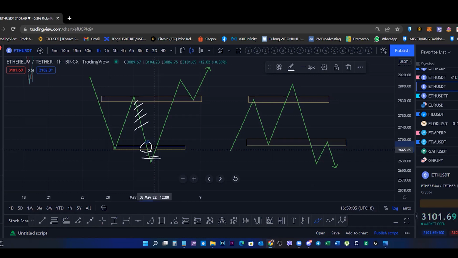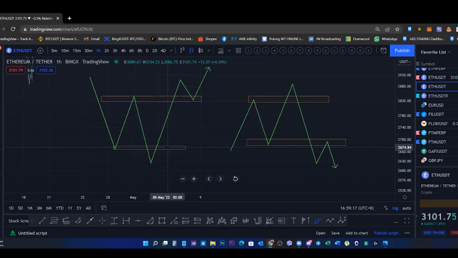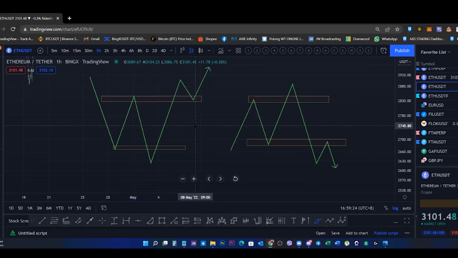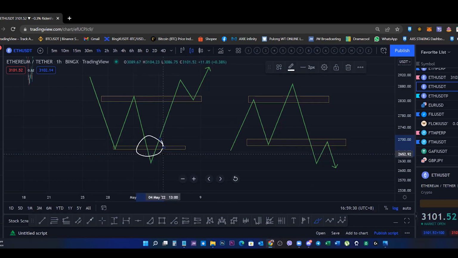So never go into a sell position if there is no retest yet. So it can make the price action go back on the channel where it is making some price action.